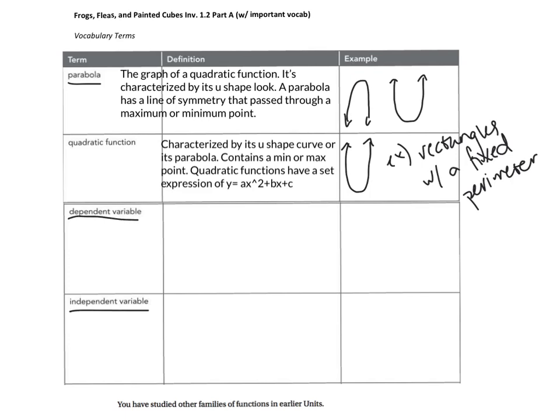So we have dependent and independent variable. I always like to think independent's first, right? So for dependent, it says it in the name. I always like to think about dependent depends. And so I'm actually going to underline depends, right?